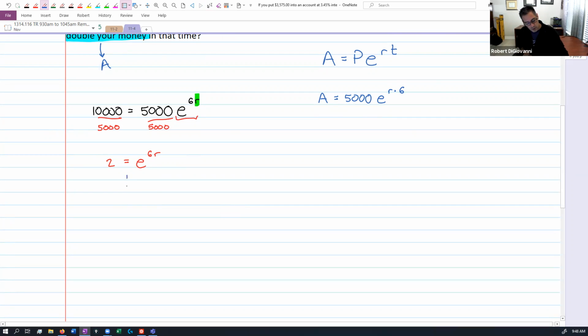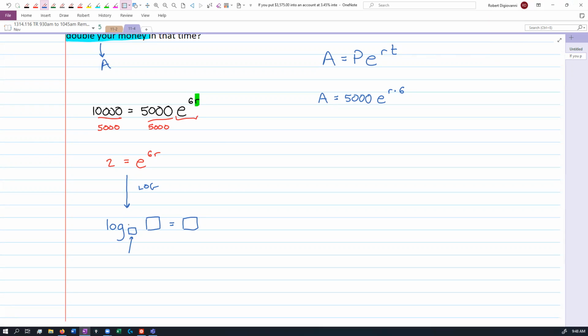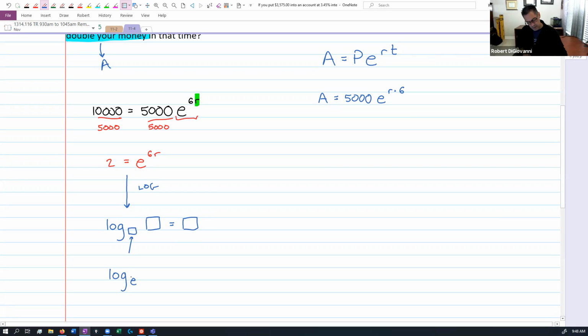So I'm going to convert this to a log now, which means I need to fill in this piece and this piece. What's the base? What number goes there? The e, that's the thing that's being raised. Good.